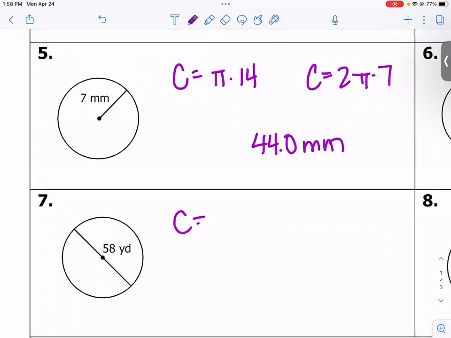If we take pi times diameter here in number 7, Rhett, what do we get? Okay, and our label will be yards.